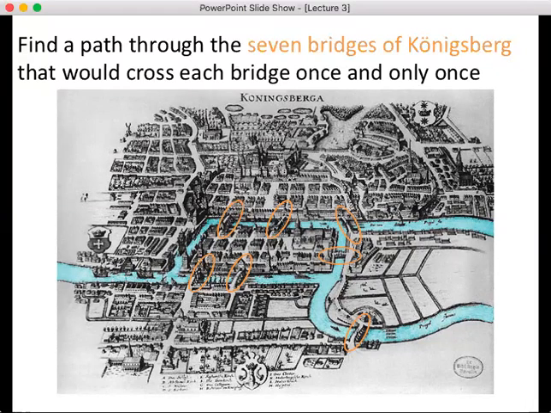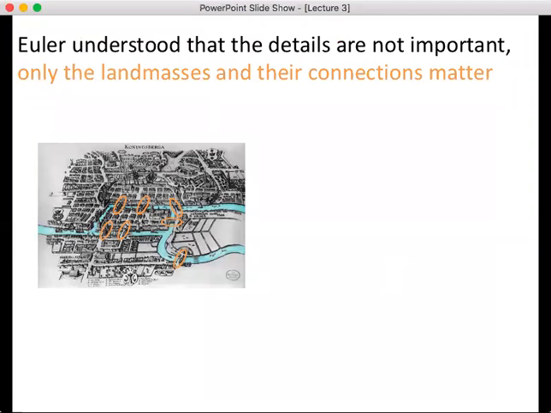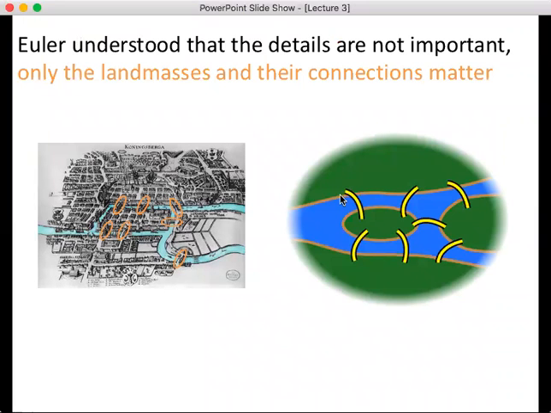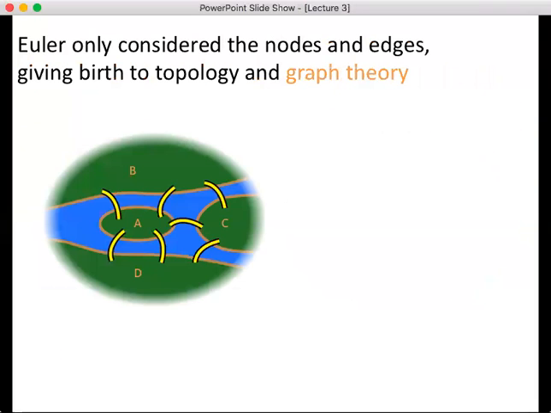Okay, the problem that you might have noticed is that here there are a bit too many details. We don't really need to know all these details to address this riddle. So we can simplify this picture, and to simplify it, we can redraw it like this. In reality, this is 4 land masses, which we can call A, B, C, D, and 7 bridges between them.